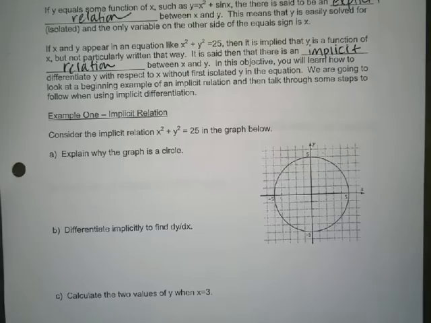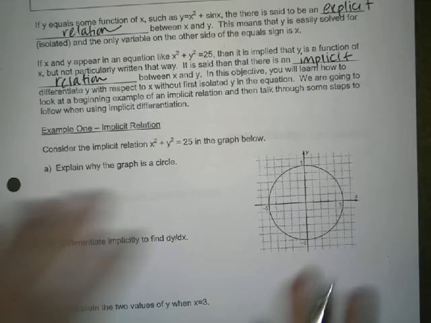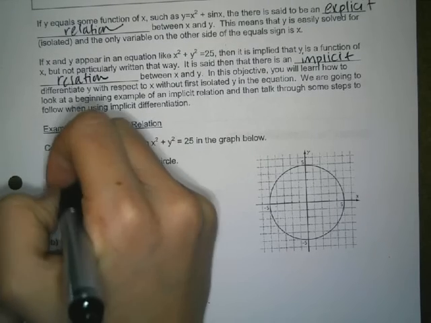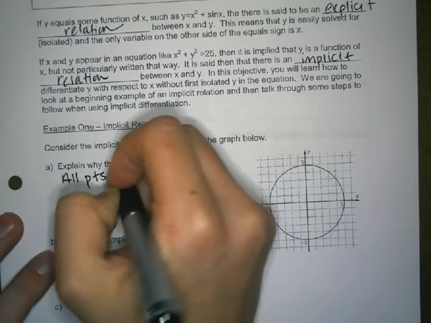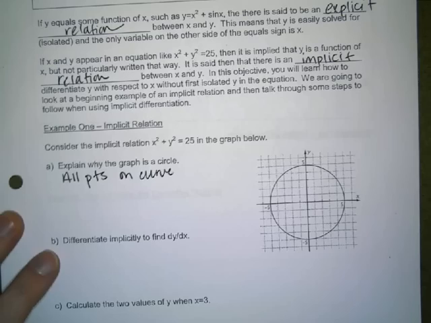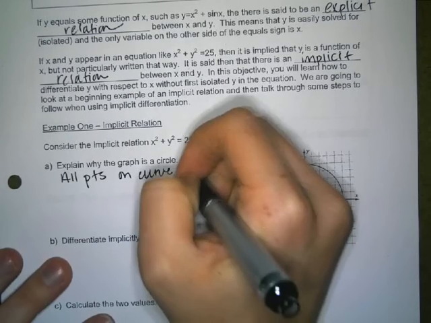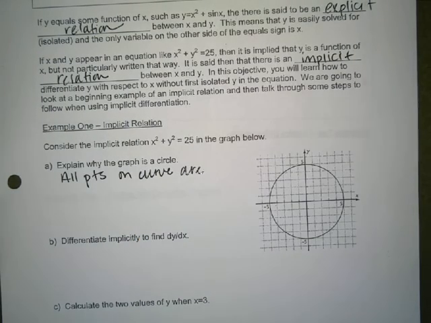So is this more coordinate geometry? No, not really. All right, so explain why the graph is a circle. Well, in this case, it's a circle because all points on the curve are how many units away? 5.